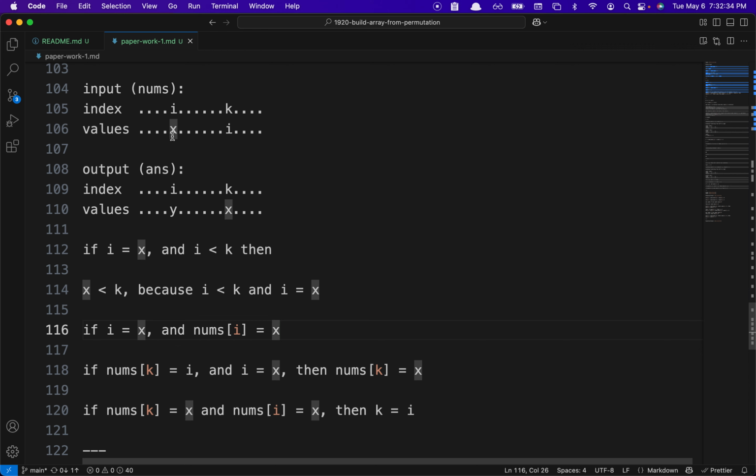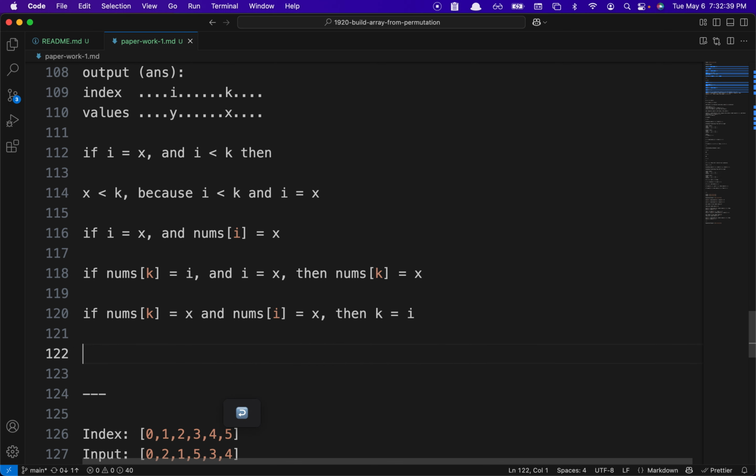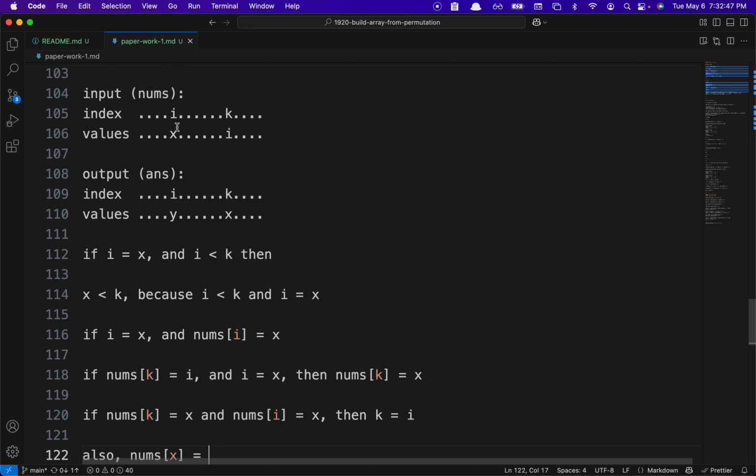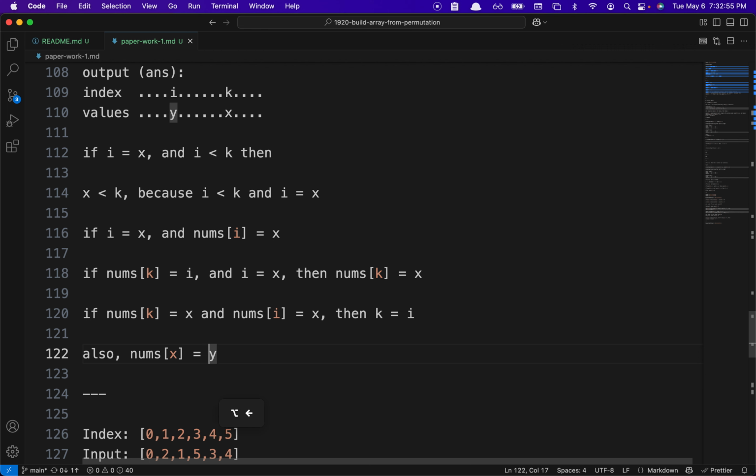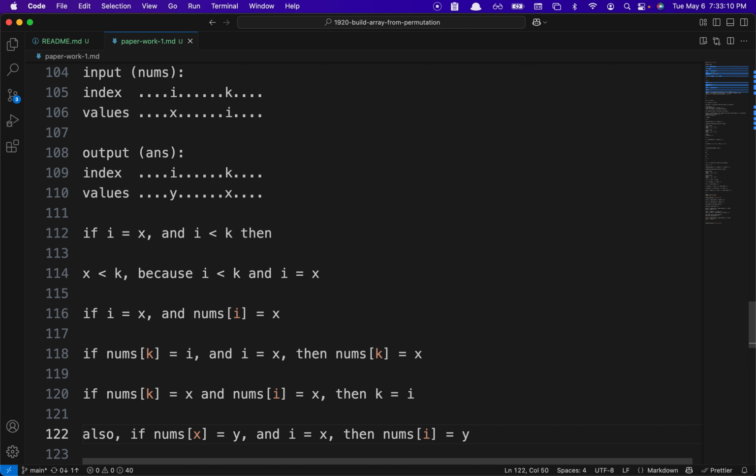Now x is actually nums of I because x is equal to I. Also, nums of x is equal to, you don't need nums of x, but let's just say you put this value and you do nums of x is equal to y, and if I equal to x, then nums of I is equal to y, right?